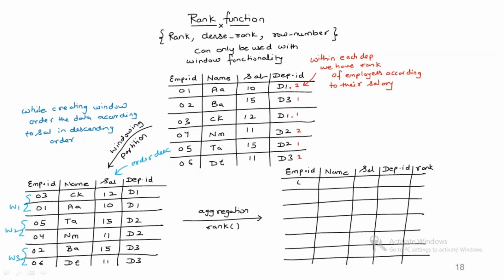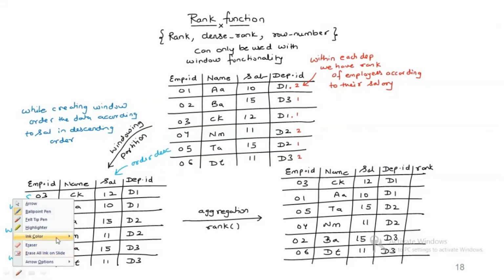I'll just copy the same data: 03 CK 12 D1, 01 AA 10 D1, 05 TA 15 D2, 04 NM 11 D2, 02 BA 15 D3, 06 DT 11 D3.